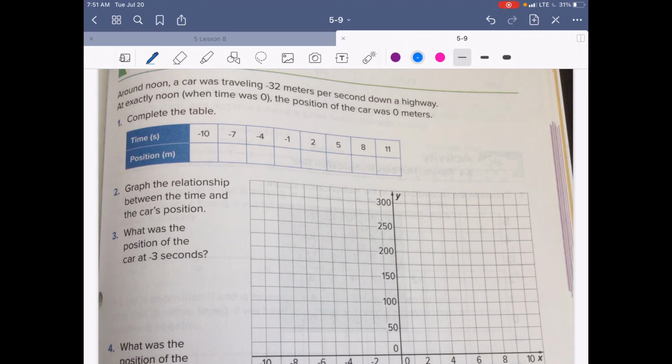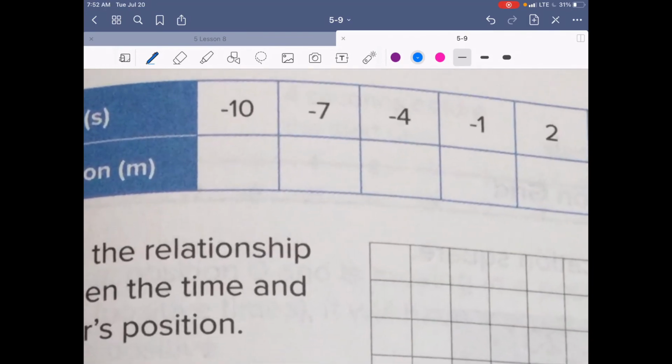All right, so let's start with our first one, negative 10. So we have negative 32 times negative 10. I'm going to bring down the 0. 1 times 2 is 2. 1 times 3 is 3. We have a negative and a negative, so it's going to be a positive 320.